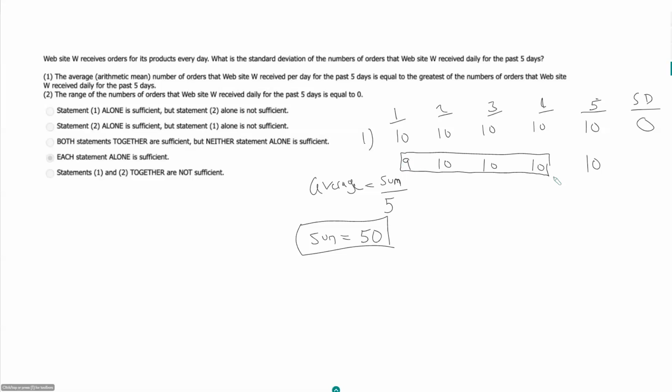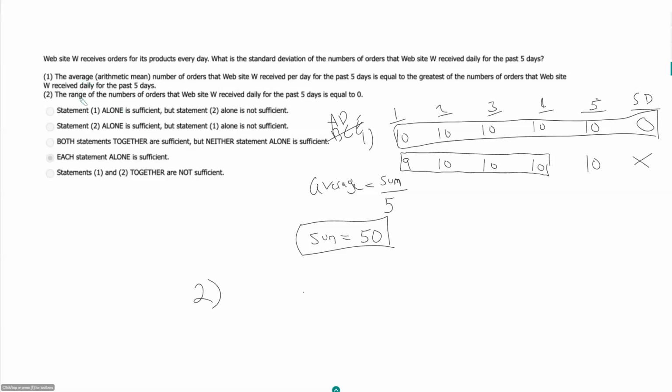So there is no mix that we can do here that will get our sum to 50 while keeping all of our orders at 10 or under. The only way to do that is to make them all equal to 10. So this other scenario is impossible, and this is your only possibility. And so this statement is sufficient.